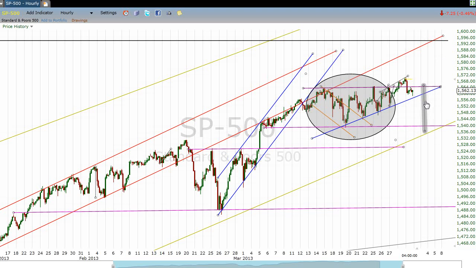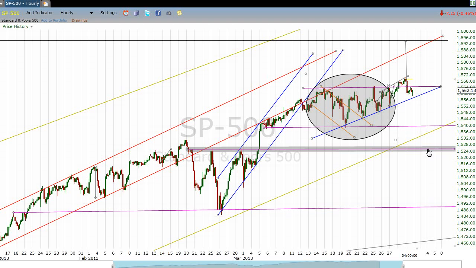I can tell you that I would expect there to be some support around 1540, just based upon the support we found there back in mid-March. If that gives way, then we have a bit further to go before we find support. We have the 1525 area, and all of these are horizontal, which makes it kind of nice.